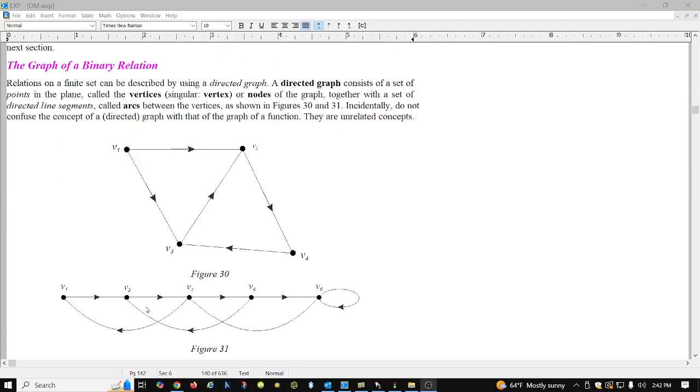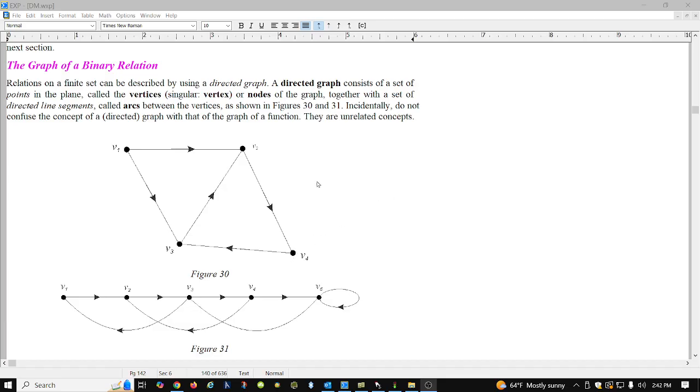Now, relations on a finite set can be described using what is called a directed graph. And that consists of some points in the plane. I've drawn them as dots, black dots. It doesn't have to be in the plane, actually. These dots are called vertices. The singular of vertices is vertex, not vertice, which I frequently hear from students.